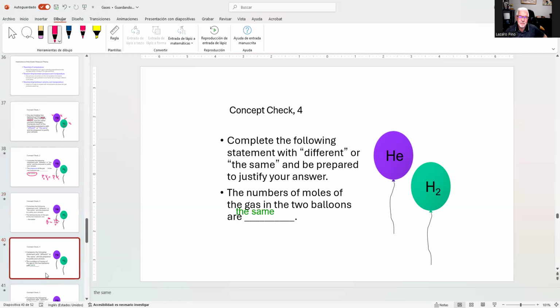Let's continue. The number of moles, well, remember, number of moles and volume. If the volume is the same, the number of moles must be the same.